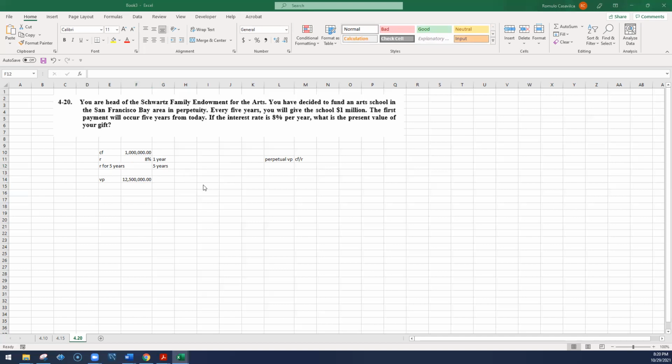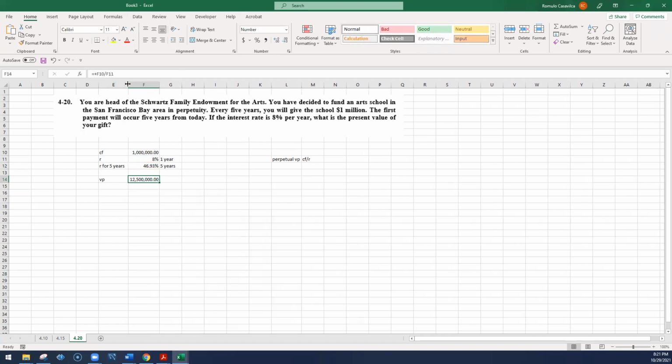How do you do the compounding? 1 plus the rate, raised to the 5th, minus 1. There you go. This is my 5-year rate, accumulated, like an effective rate for 5 years. So this is the present value of your gift.